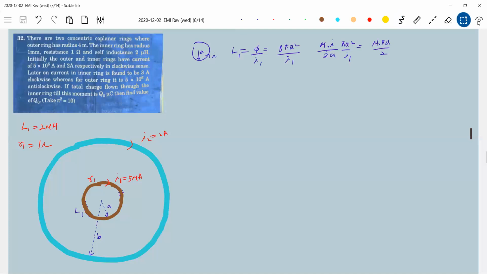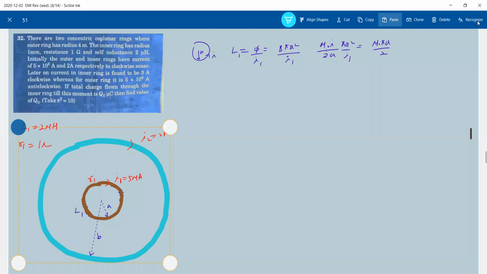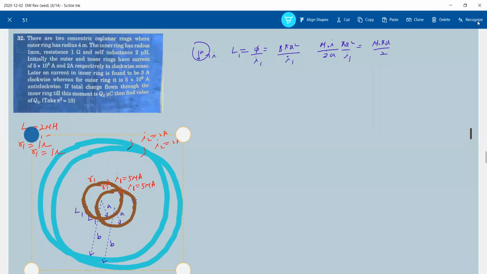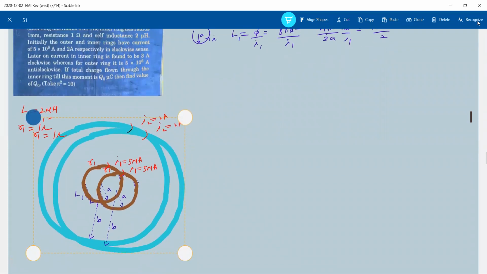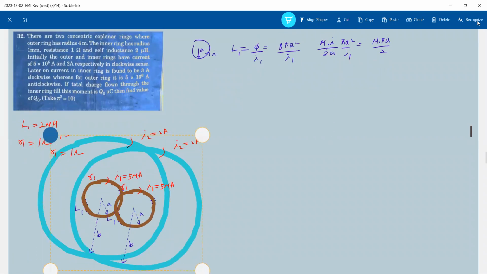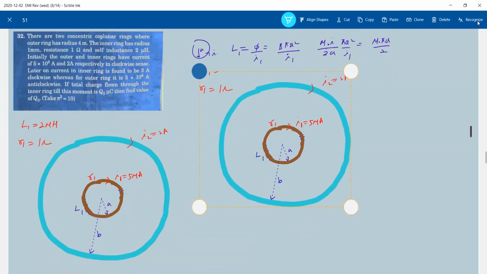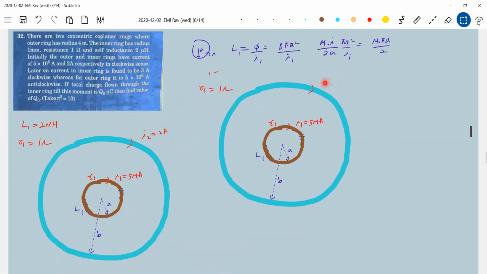Okay, let me take the same diagram. Clockwise. And this is anti-clockwise.